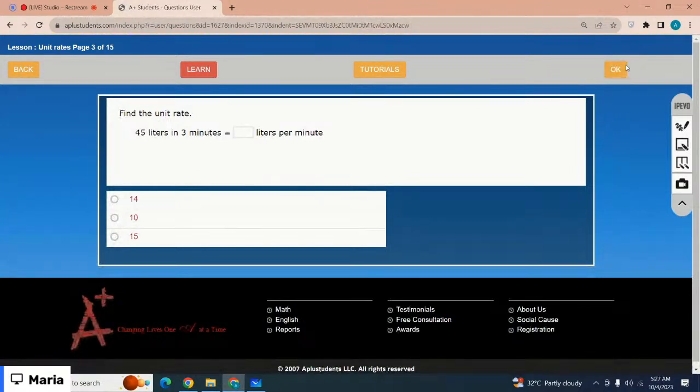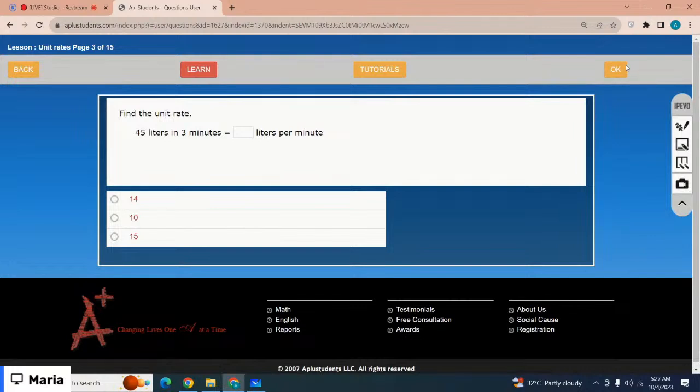So how many liters per minute? Very good.